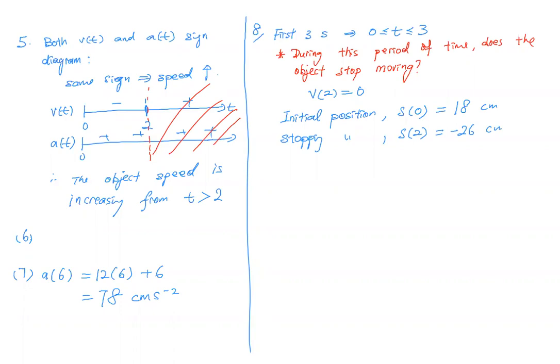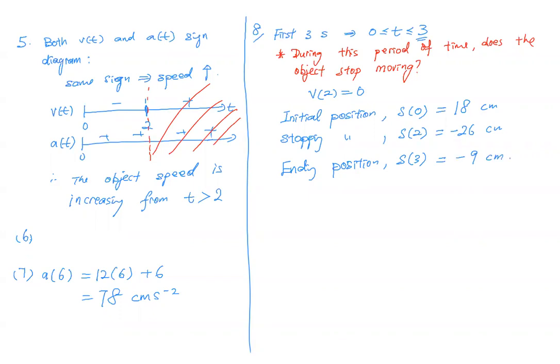Then we have to talk about the ending position, where we want to study the end. Ending position, that is S3. Okay, can someone give me the answer? Yes, thank you. Negative 9 cm.